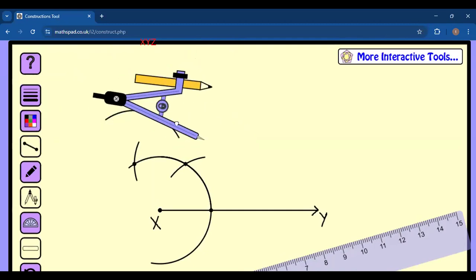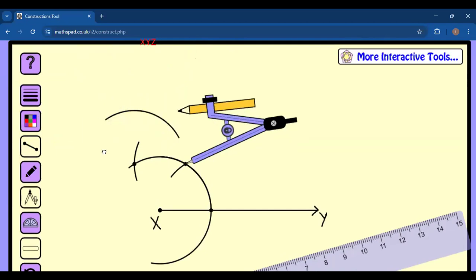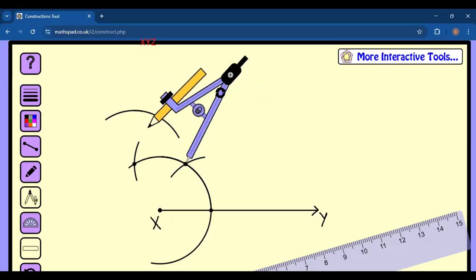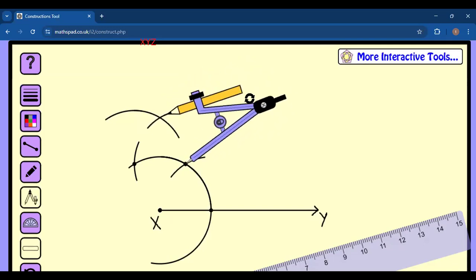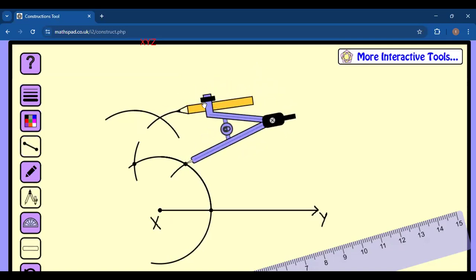And then I'm going to go to the other side, back here again, and draw another arc. And so I have all of the arcs that I need. I did not change the width of my compass.